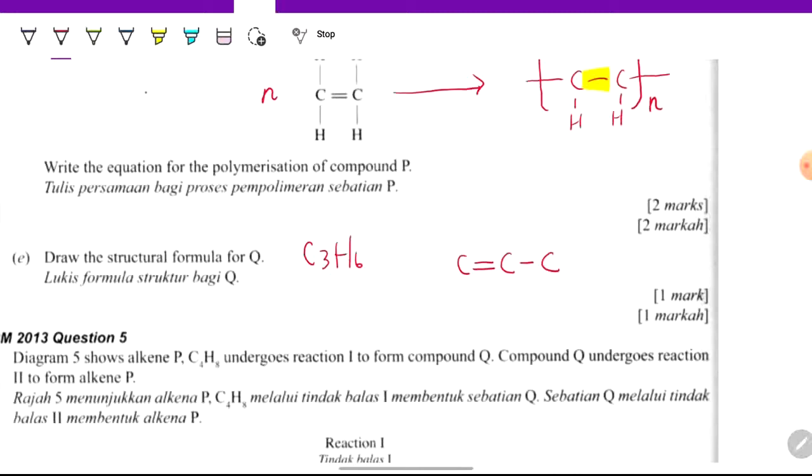So each carbon atom has 4 bonds. Okay. Then hydrogen. So this is propene.